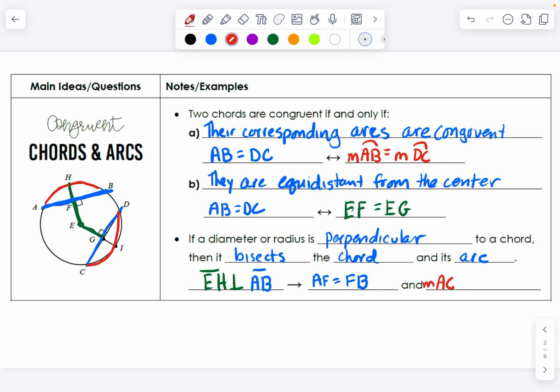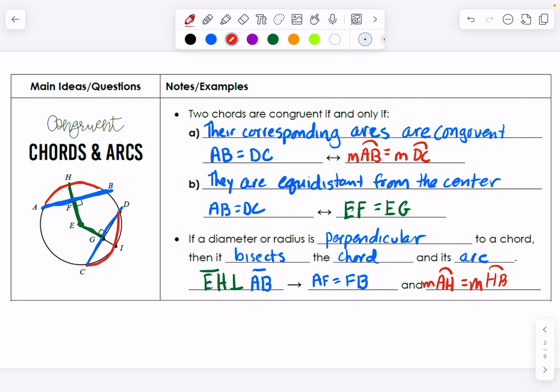AH, the measure of arc AH, I don't know why I wrote AC. AH is equal to the measure of arc HB.